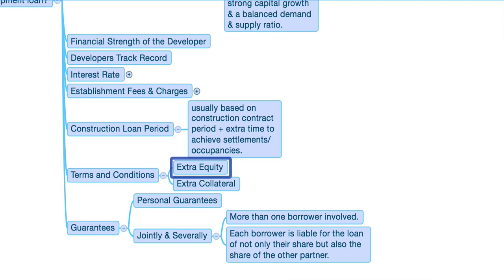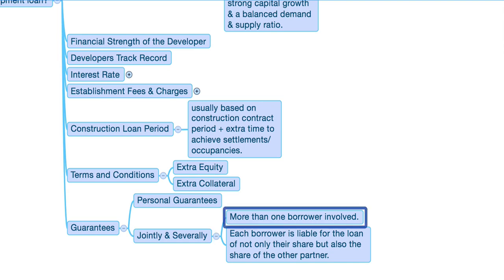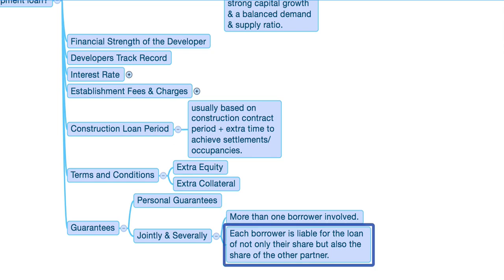Terms and conditions. Do they want extra equity? Do they want extra collateral? They would want personal guarantees. And if there is more than one party involved, for example, there's a development that we are doing here, and we are 3 different unit holders in it, and we are all jointly and severally responsible for it, which basically means that each borrower is liable for the loan of not only their share, but also the share of the other partner.